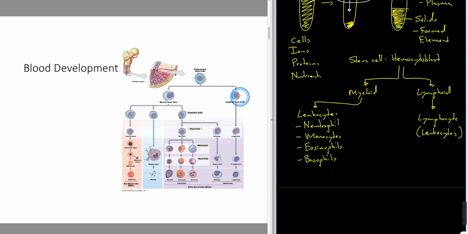It breaks up into two stem cell lines, the myeloid stem cell line and the lymphoid stem cell line, and then cut through all of these breakdowns, and I just want you to understand the key component. Lymphocytes for lymphoid line and everything else in the myeloid line. It's also going to create a cell called a megakaryocyte, which is going to form the platelets. And finally, it's going to also form the red blood cells called the erythrocytes. Those are our red blood cells.